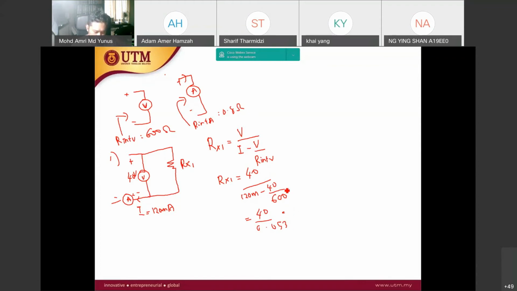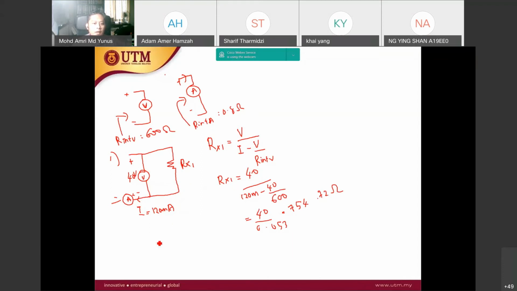That's supposed to be 750. Okay, we get 754.72 ohm. That is with the internal resistance.